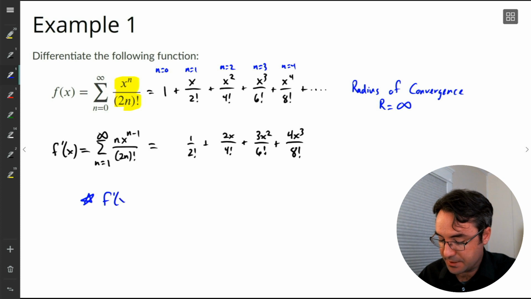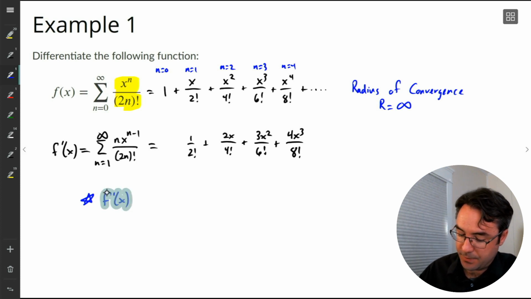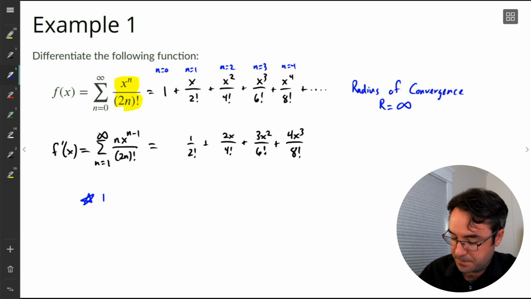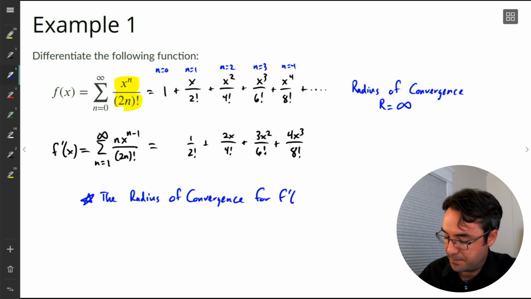f prime of x, the radius of convergence for f prime of x is the same. So r equals infinity.